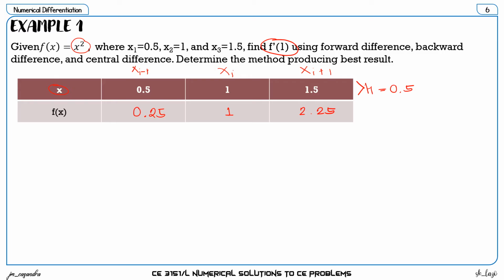So for our solution, we have first our forward difference, which is given by this equation.